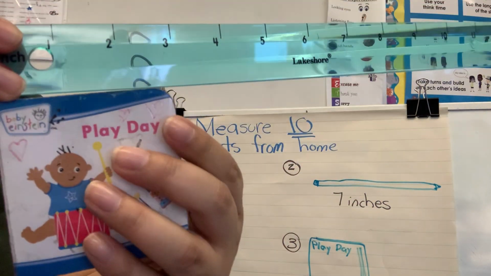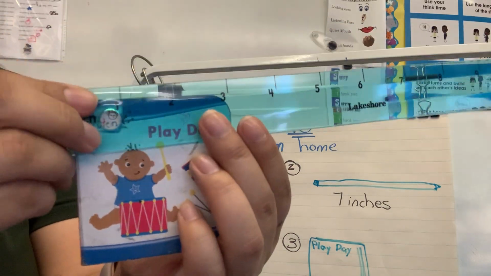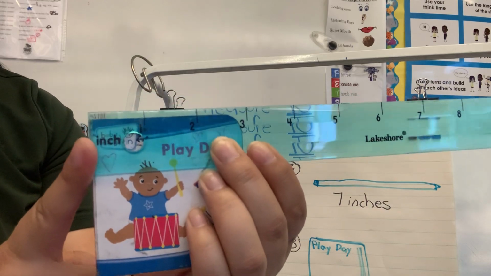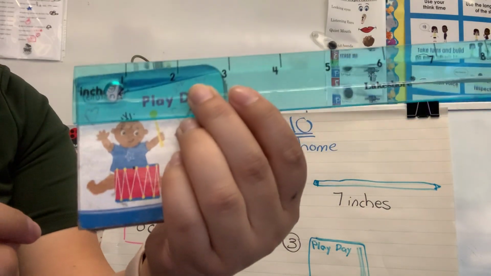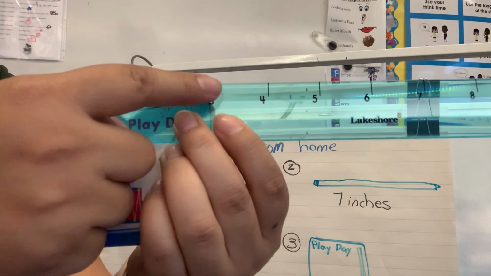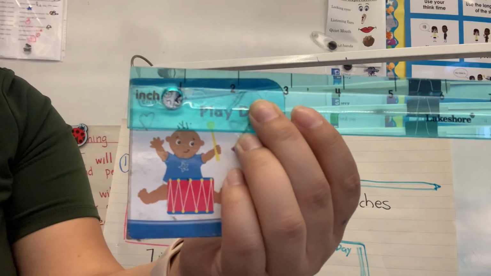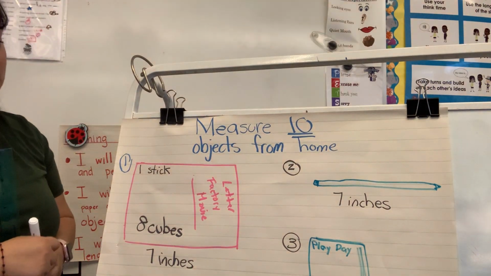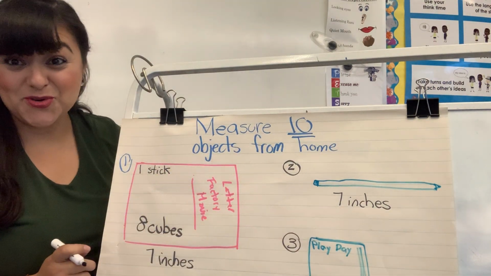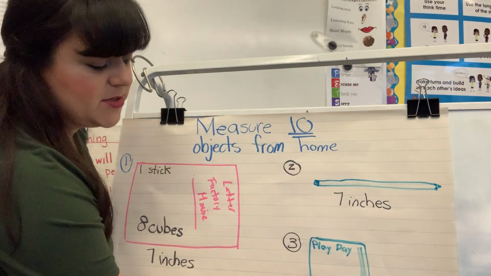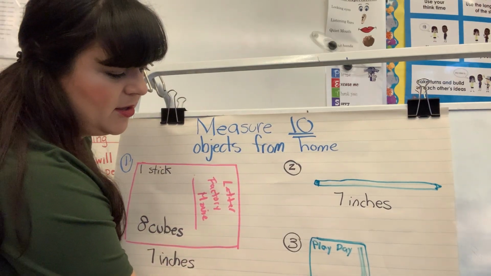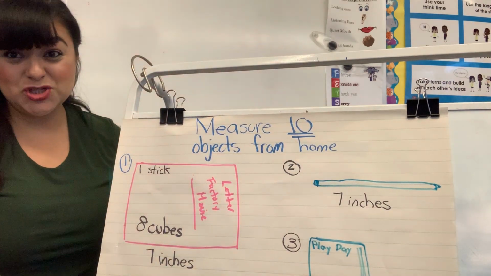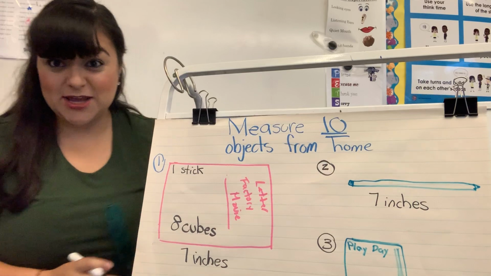If I align it in the beginning, see right there, it measures about 3 inches. So I'm going to record that on my homework for today. It was 3 inches. Now you can measure toys that you have, anything that you have.